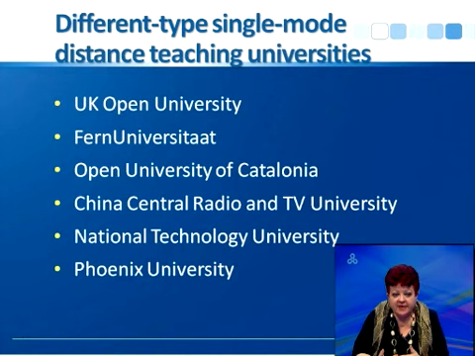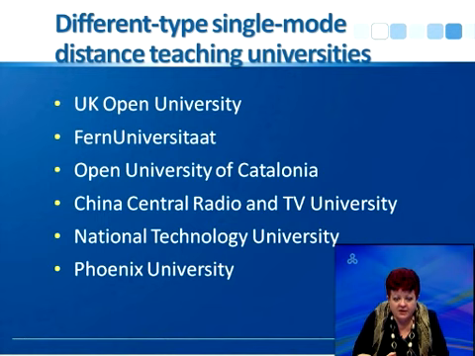It poses the same entry requirements as other German universities, the same exit requirements, the same programs. The only difference between the Fernuniversität and other German universities is that they send the materials to students located all over Germany and also in other parts of the world that speak German.